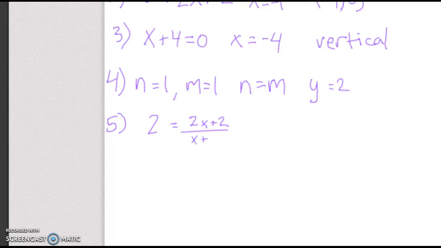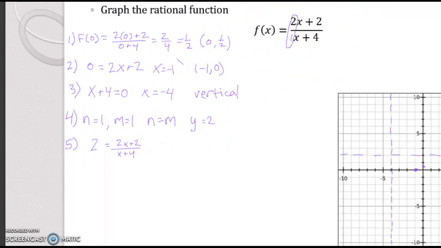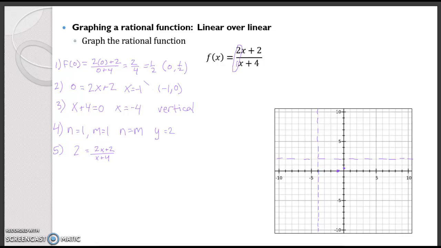Now, how do we solve that? Well, we need to multiply both sides by x plus 4. So, when we do that, we'll get 2 times x plus 4 equals 2x plus 2, because the denominator and our x plus 4 go to 1.